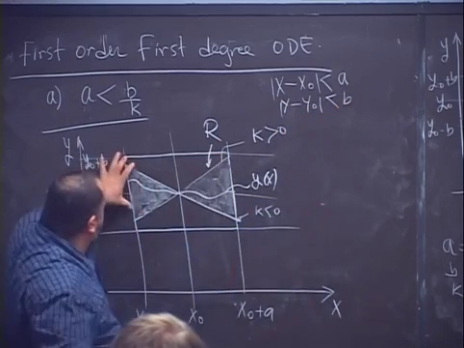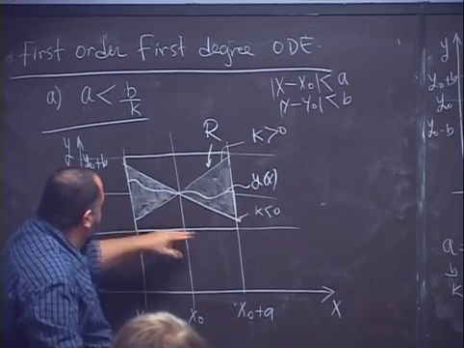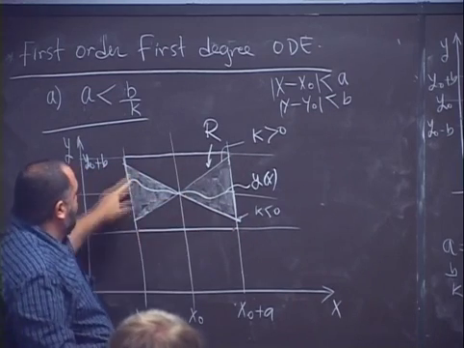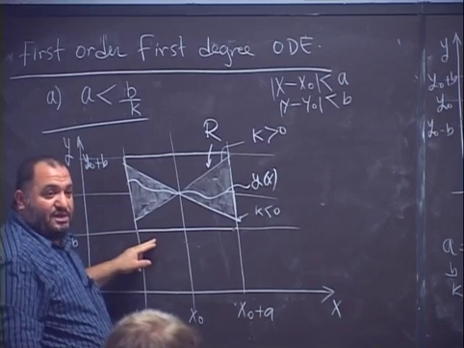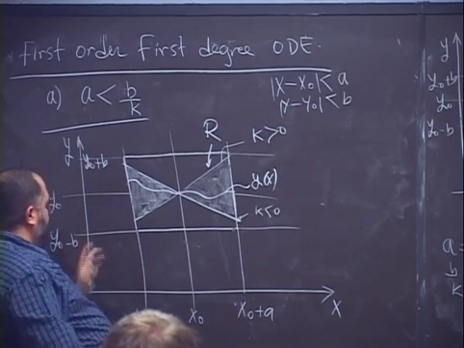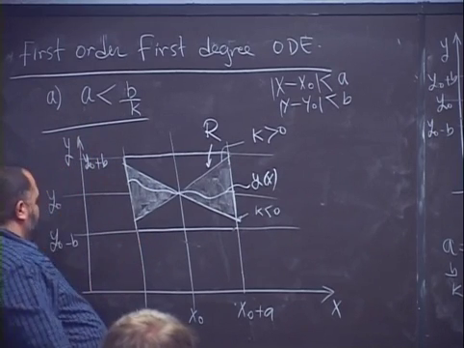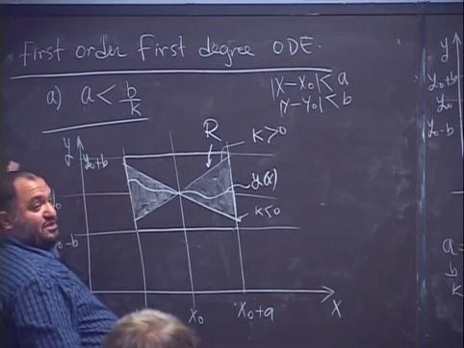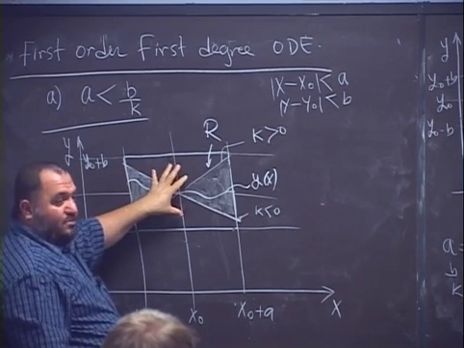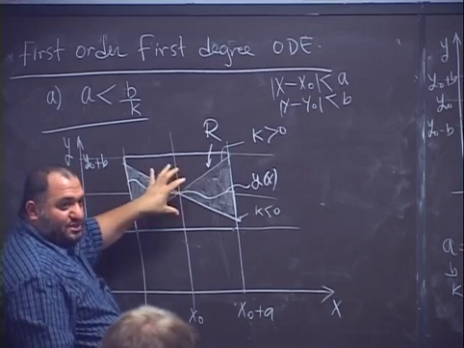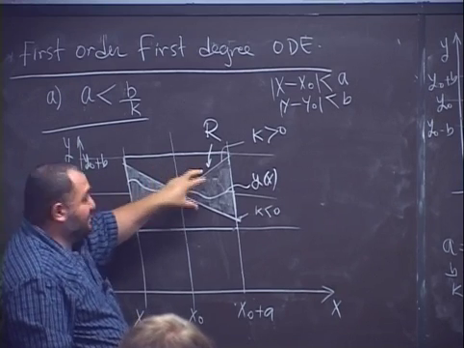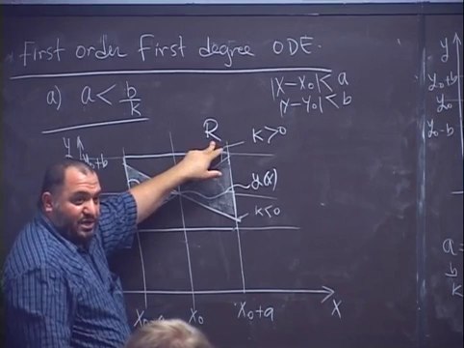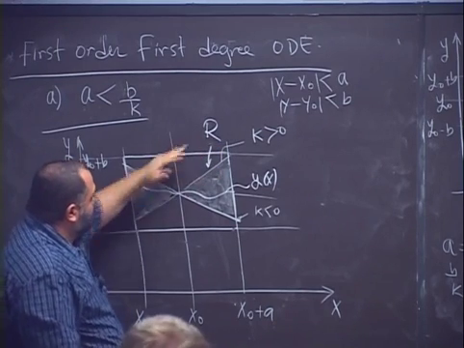So your region R is this rectangle here. This is why I do not care about the region outside R, because I am interested in looking for a solution inside this region R. So my solution is in the region R.